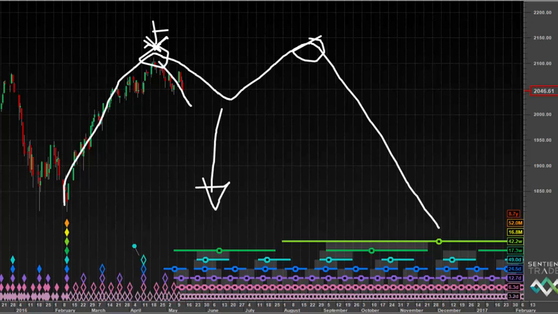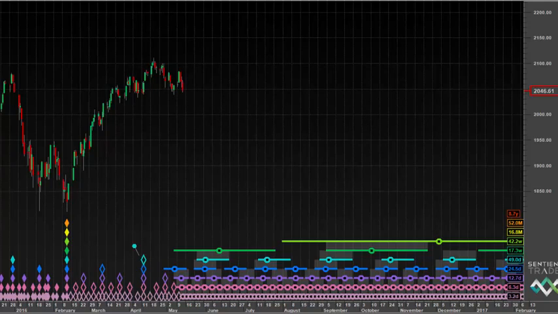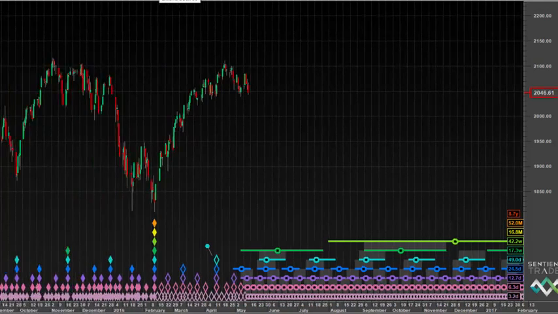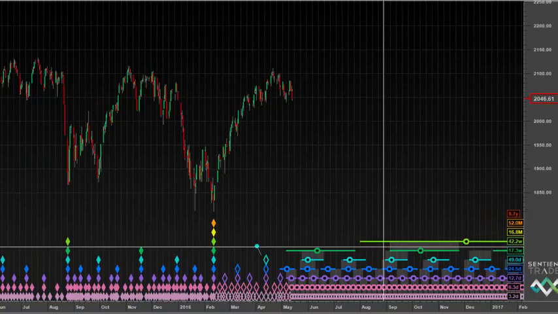But let me point out that price is breaking out of, or bouncing out of, an 18-month cycle trough. And so therefore, perhaps I should zoom out slightly more so that we can see the full shape of the 18-month cycle.